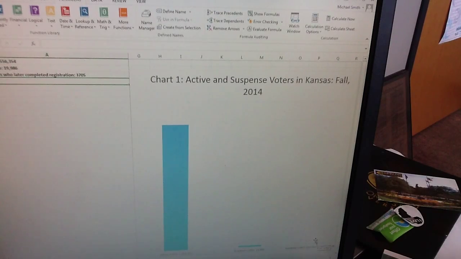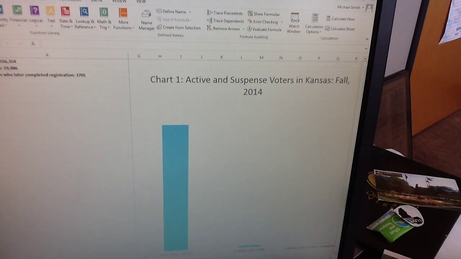And then the suspense voters who completed their registrations, 3,705. To put this another way, 16% of all suspense voters completed their registrations between fall of 2014 and summer of 2015, and of those, 5.6% not only completed their registrations but actually voted in the midterm elections that year. That's pretty low voter turnout.